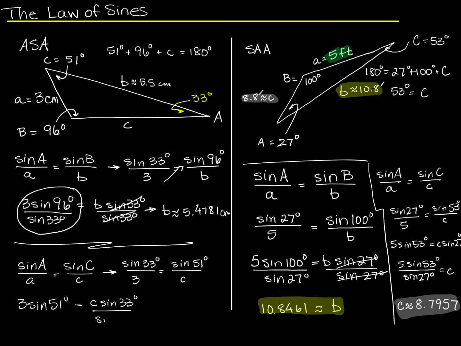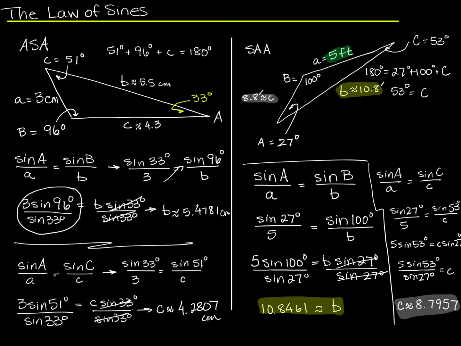Divide both sides by the sine of 33, and you get that C is approximately equal to 4.2807 centimeters. So up here, I'm going to say 4.28. I'll just use 4.3.